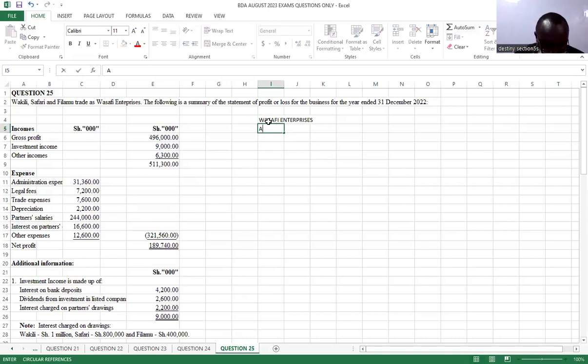Adjusted profit for tax purpose. And we are using our shillings in thousands. Okay. So we can first of all design it. Number one, for the interest of time, we will have the accounting profit.